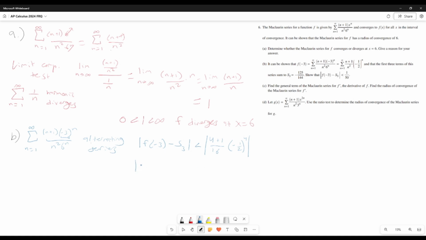And so we know that our error, or our remainder, f of negative 3 minus s sub 3, is going to be less than the absolute value of 5 over 16 times 1 over 16. And this is going to give us that the remainder is going to be less than 5 over 256.